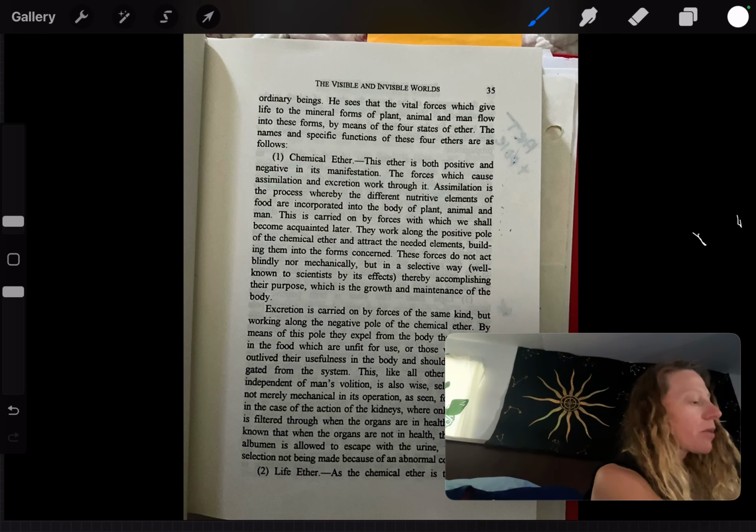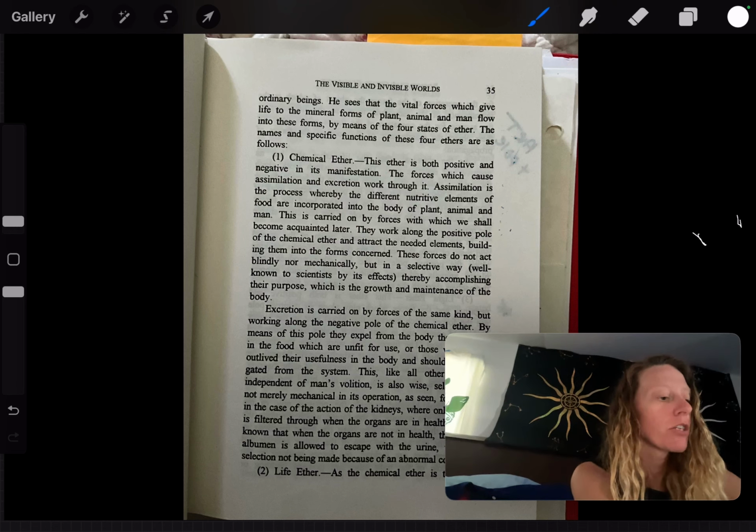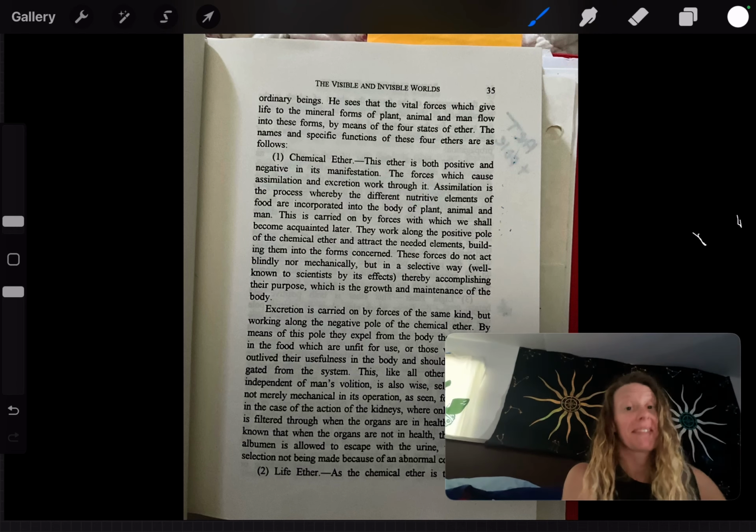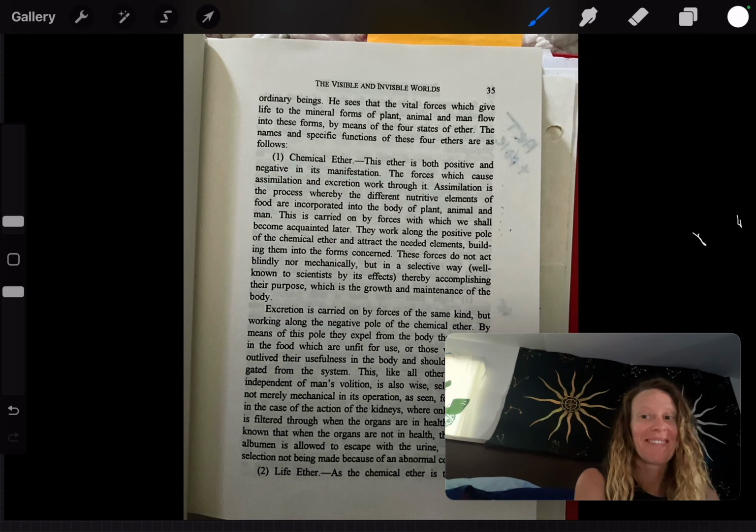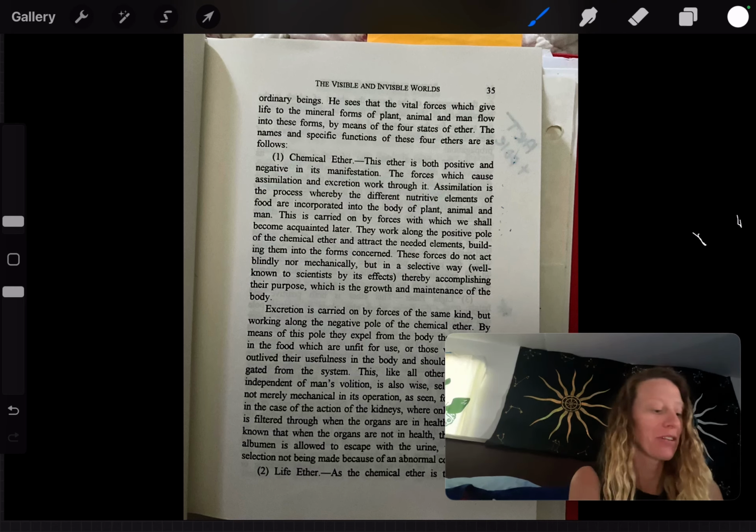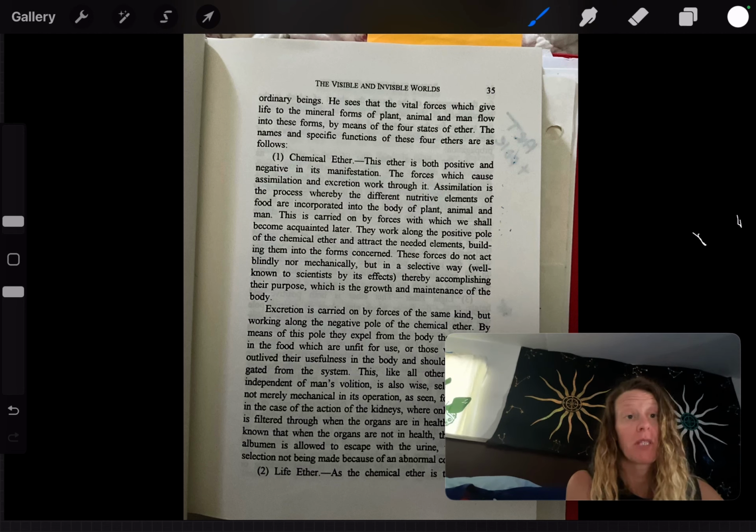If there's kids out there that just jumped in and they're like, what is she talking about? This is advanced philosophy. You are welcome to stay in class. It is a lot of fun to grow our brains. So what is the function of each pole? I'm going to read what's on the page here and talk a little bit about it.